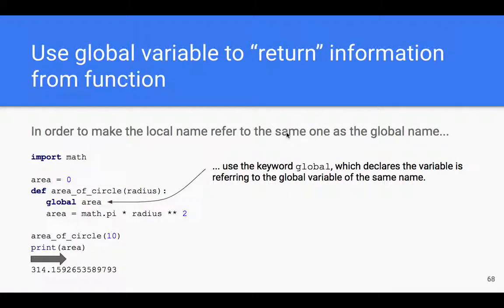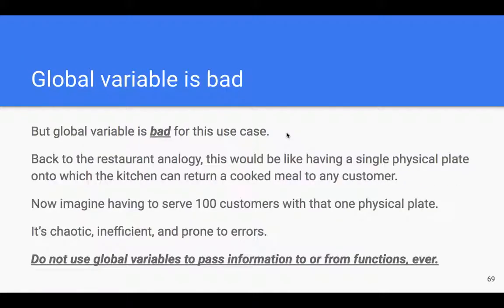Okay, so yes, there's a way to do it, but as soon as I show you the way to do it, I'm going to tell you this: using a global variable for this particular use case is a really bad idea.